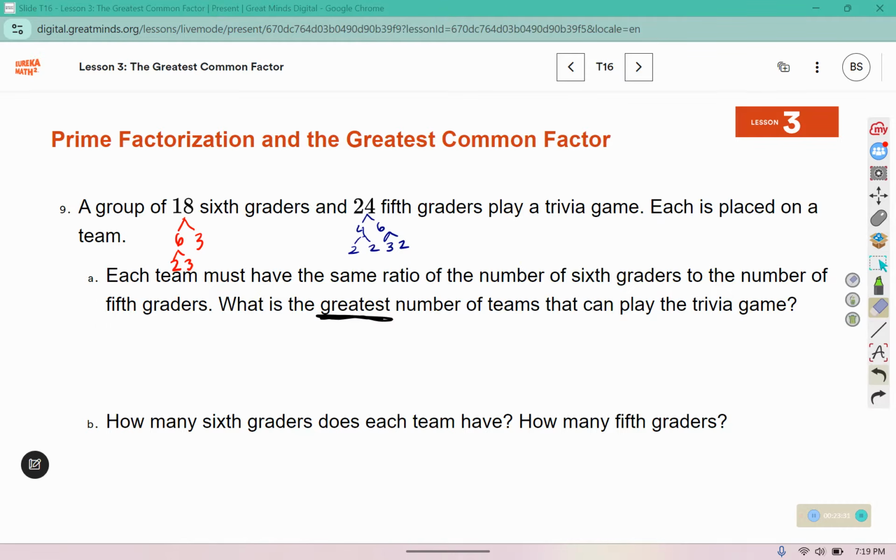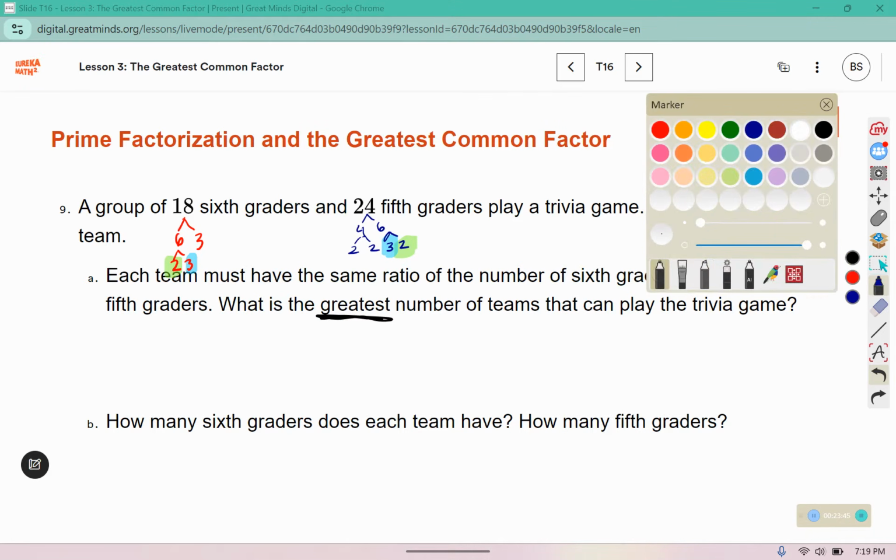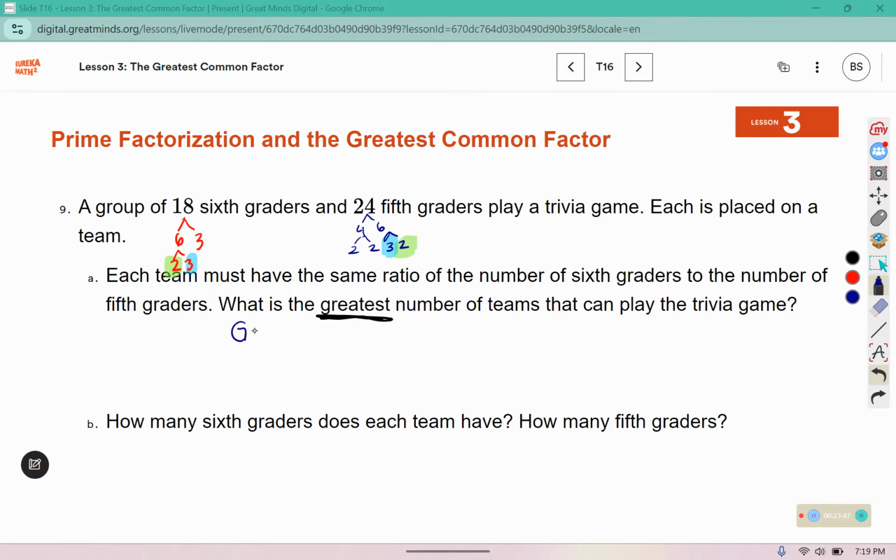So the ones that they have in common, they both have a 2, they both have a 3, but 24 does not have another 3, and 18 doesn't have any more 2s. So the greatest common factor is going to be 2 times 3, the green times the blue, which is 6. So the greatest number of teams they can have is 6 teams.